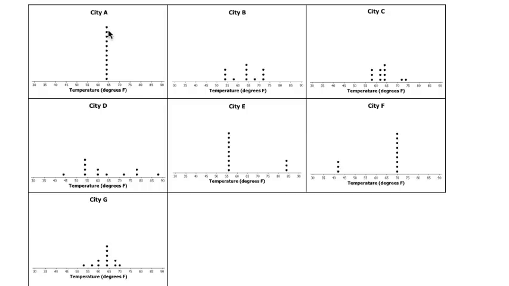City A clearly has the least or smallest variability of all of the cities because all of the temperatures are the same.